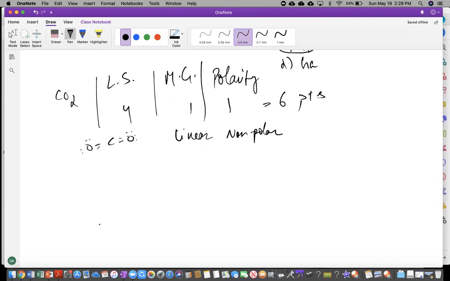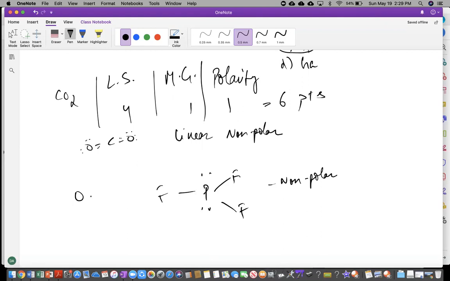There are some examples where it changes. I'll quickly give you a hypothetical example. Let's say I have P in the middle, with fluorine here, fluorine here, fluorine here, and then 2 lone pairs, one sitting on top, one sitting on the bottom. This is still nonpolar because these 2 lone pairs cancel out each other.